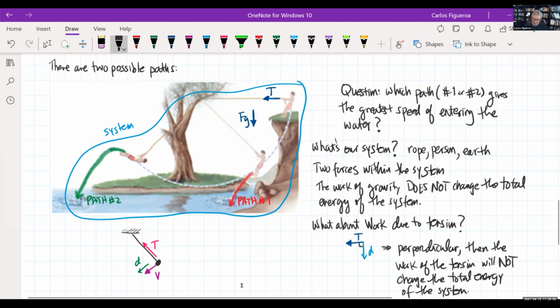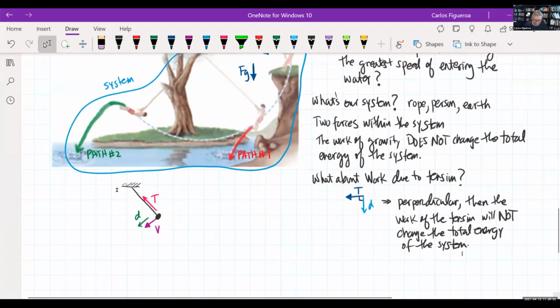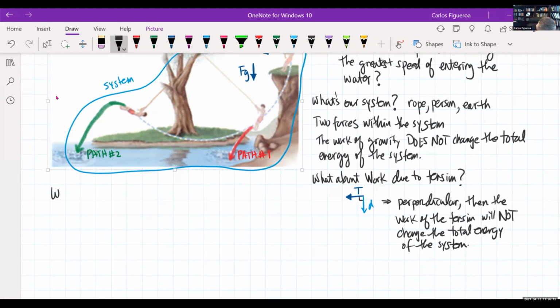It will not change the total energy of the system. So if that is the case here, this implies that we can apply conservation of energy.